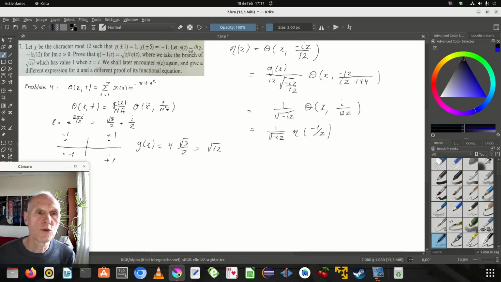So what should we prove? It's square root of z divided by I. Yeah, it's just putting this over on the other side.